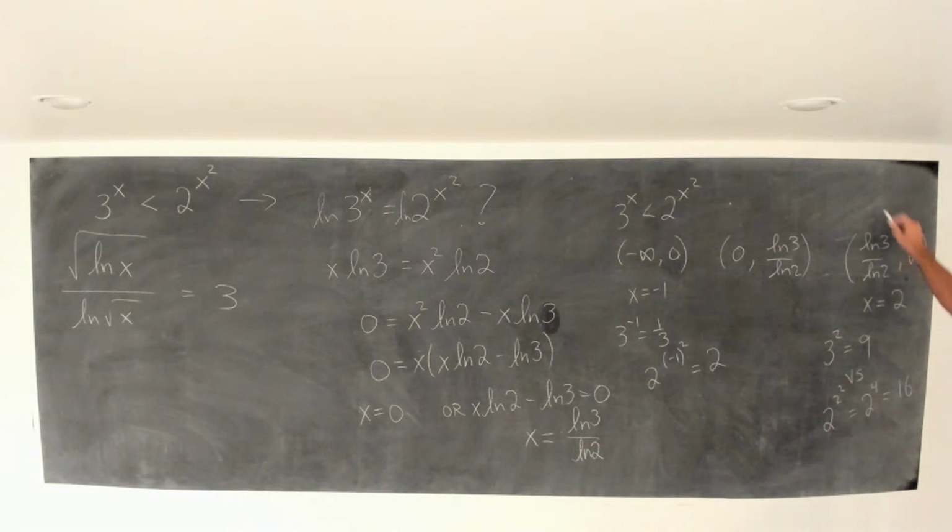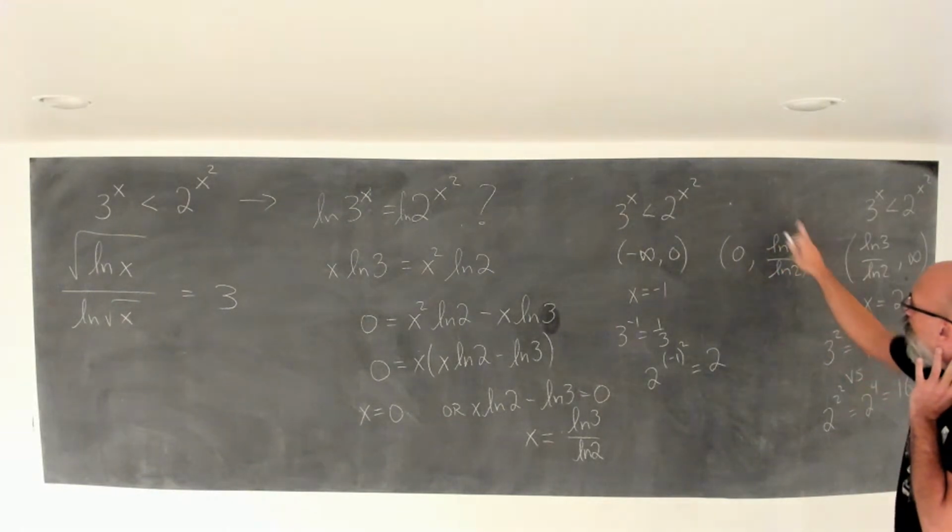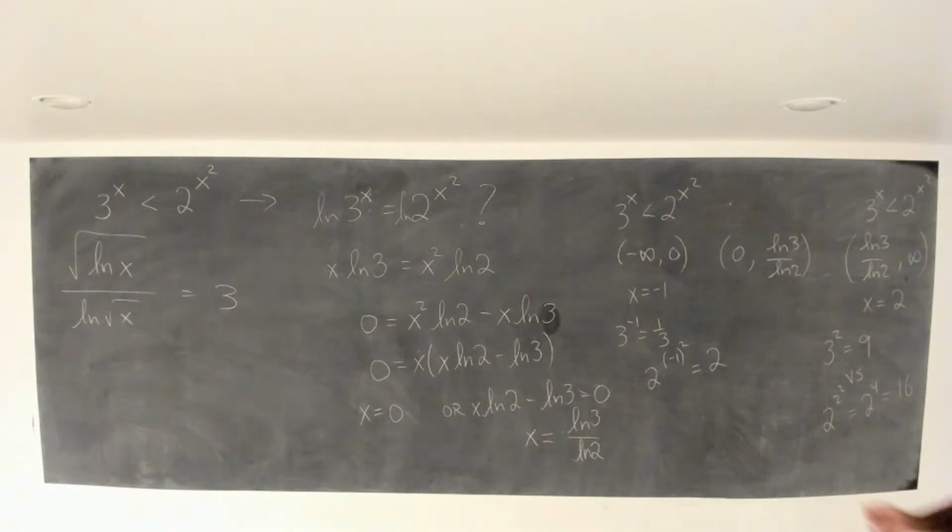So in here, 3 to the x is going to be less than 2 to the x squared as well. It's only in here that you have the opposite inequality.